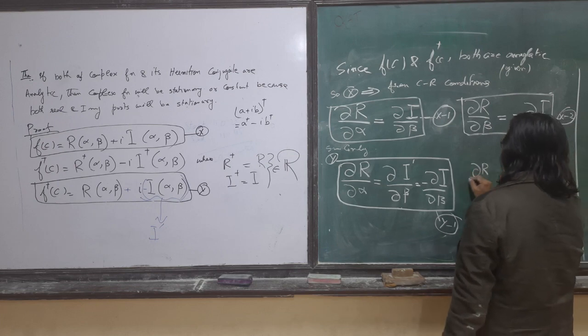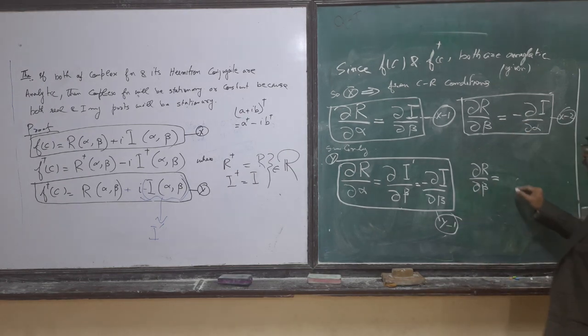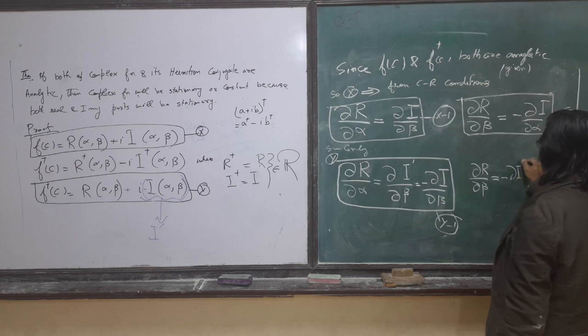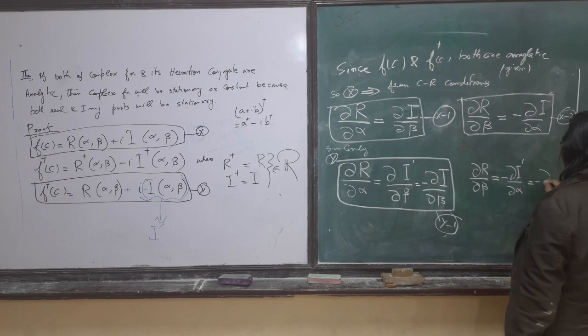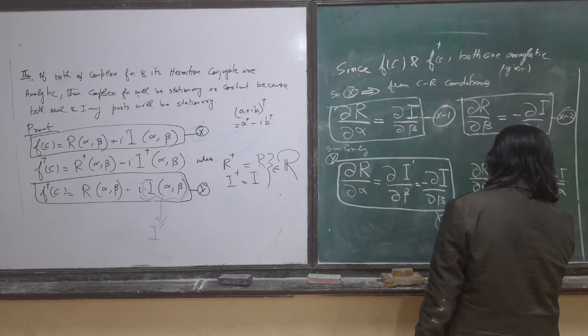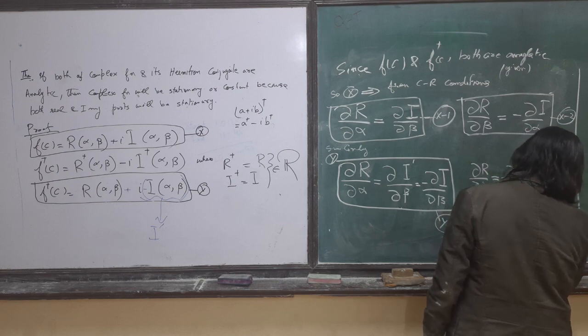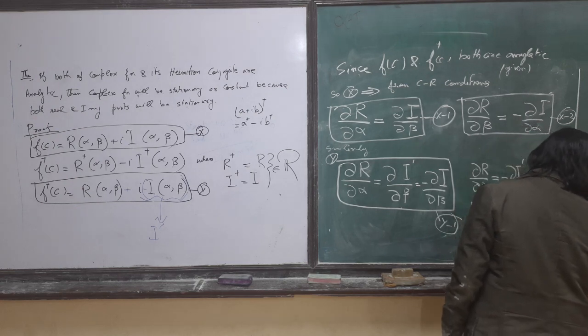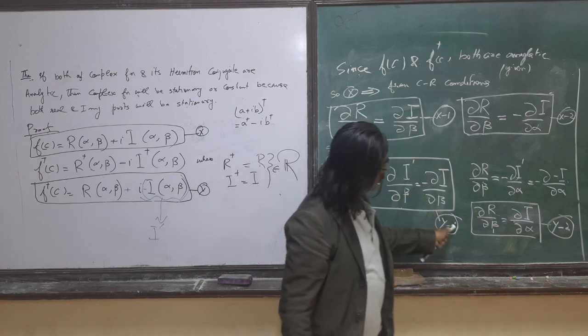And partial R over partial beta will be equal to minus partial I prime over partial alpha, equal to plus partial I over partial alpha. This will be Y1 and this will be Y2.